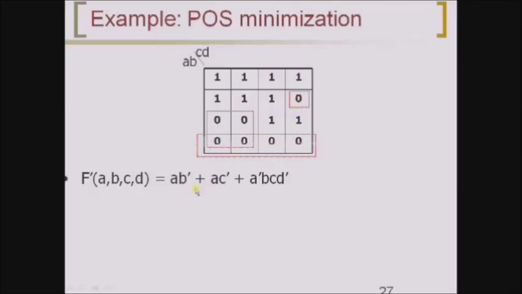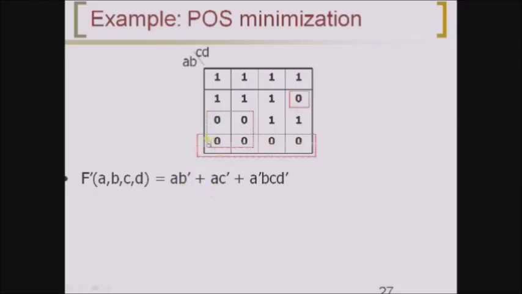If you consider this particular block, here the value of A is constant, which is 1, and the value of B is also constant, which is 0, so therefore here we get A B bar.